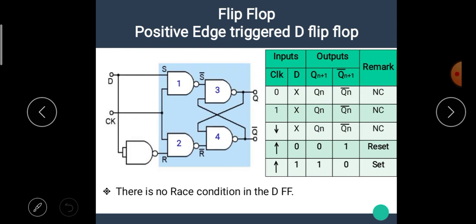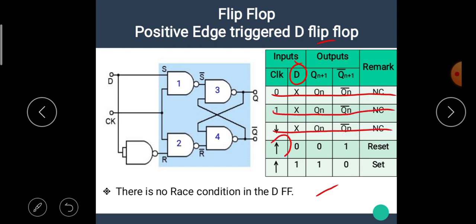I hope you all understand the truth table of the clocked, or positive edge triggered, D flip flop. Here we can draw the truth table like this. Instead of SR inputs we can write only the D input. Clock 0 has no change, clock 1 no change, falling edge no change.